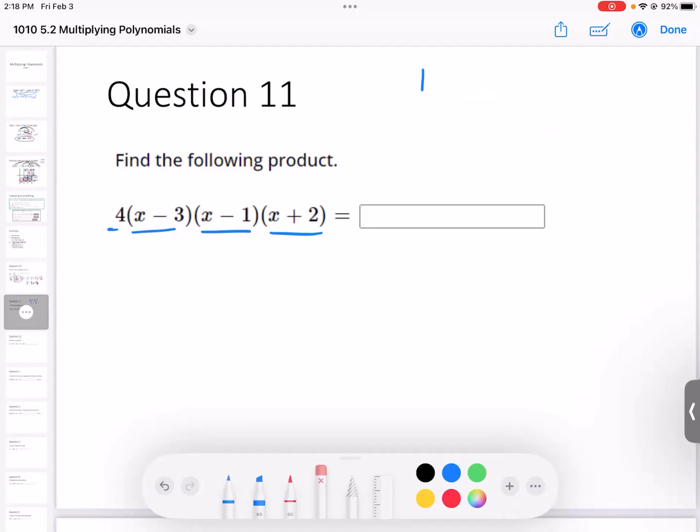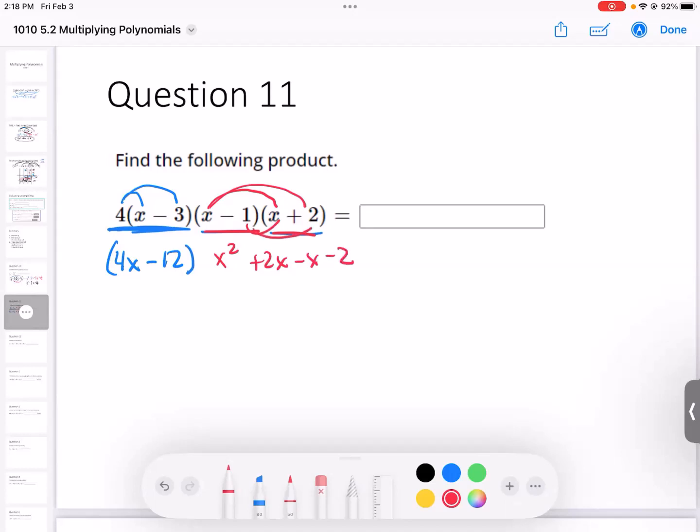So I'm going to do that same thing here, where I take 4 times x and -3, which gives me 4x minus 12. So that's essentially multiplying both of those together to get a single polynomial. And then I'm going to take these two polynomials and multiply them together. And when I do that, I get x squared plus 2x minus x minus 2.